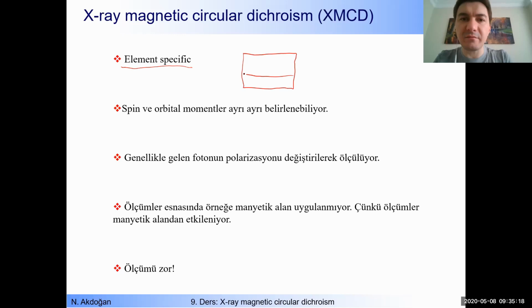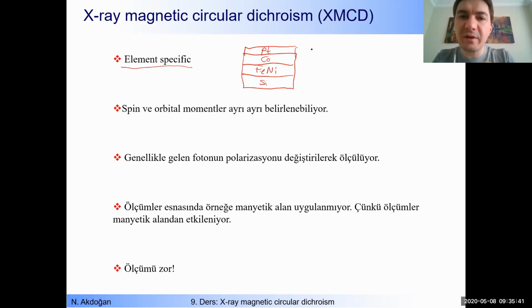So if you have a thin film, or let's say a double layer on silicon, let's say this is iron nickel, and this is cobalt, and here you have platinum.